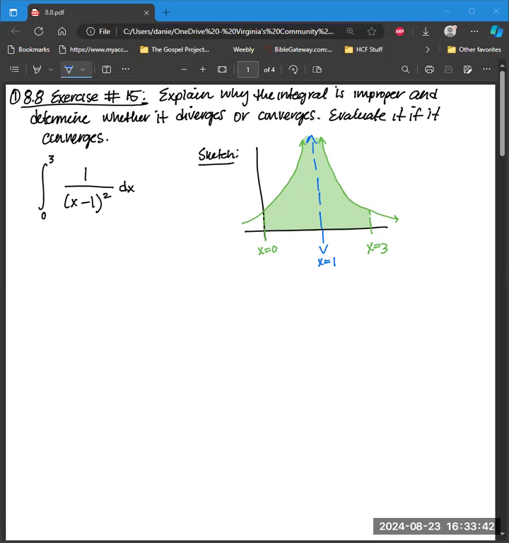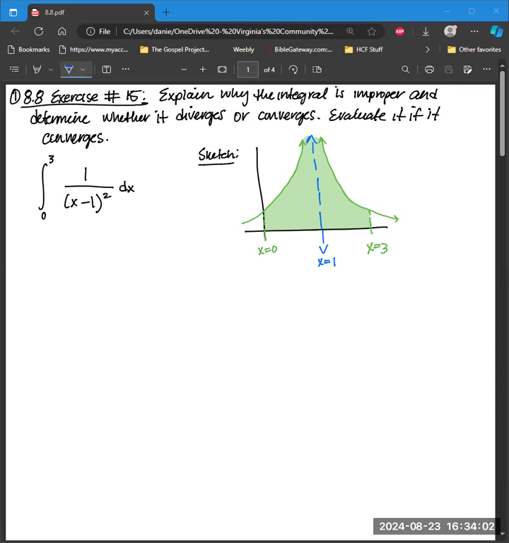It's improper because it has asymptotic behavior, going towards infinity or negative infinity or both. As I get close to x equals 1 from the left, it's going to positive infinity, and as it gets close to x equals 1 from the right, it also goes to positive infinity.